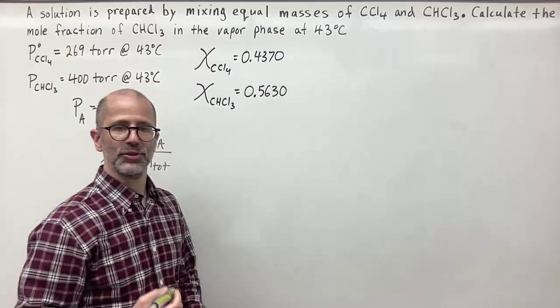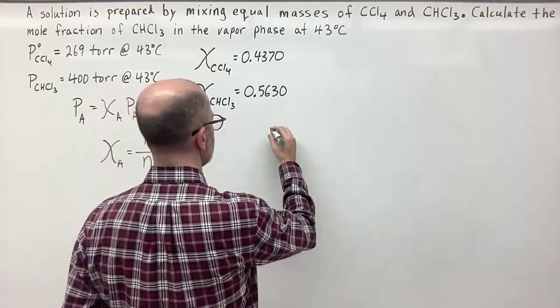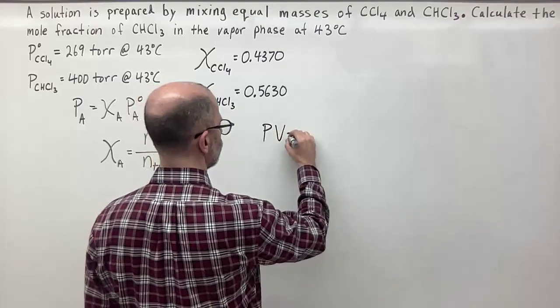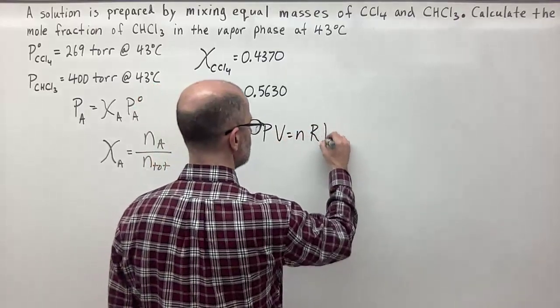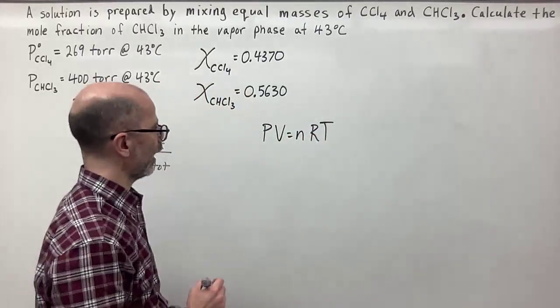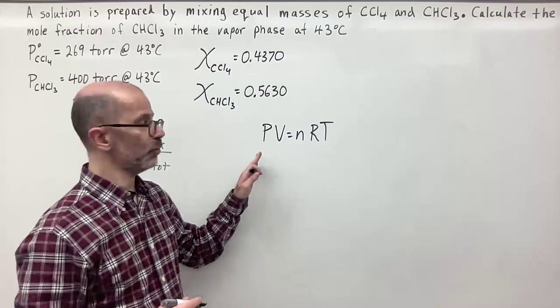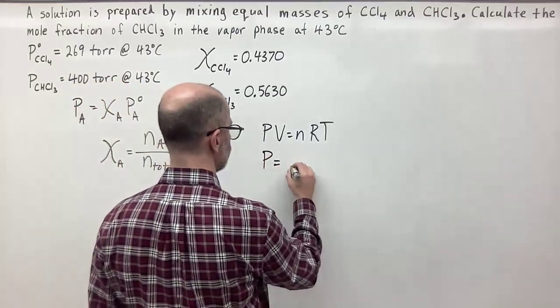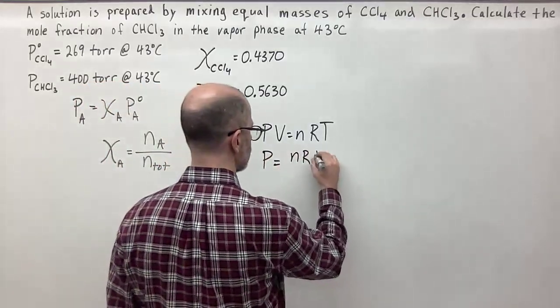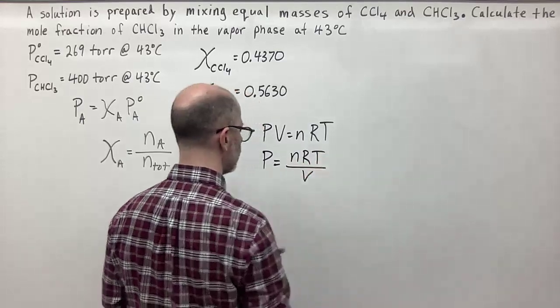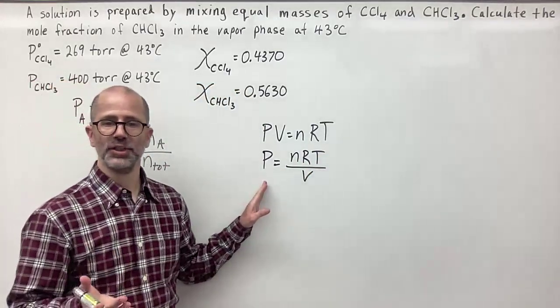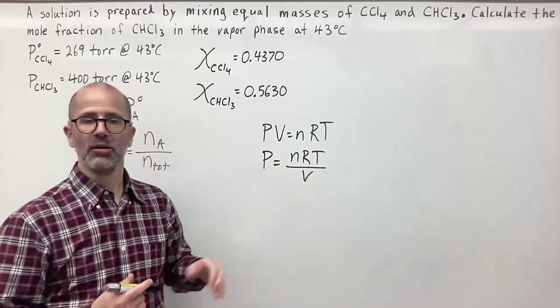So we're going to go back to the ideal gas law. We know from the ideal gas law that PV equals nRT, and we can use this to solve for pressure. So pressure is equal to nRT over V. And so we could use this to find the partial pressure of some gas if we know these, right?